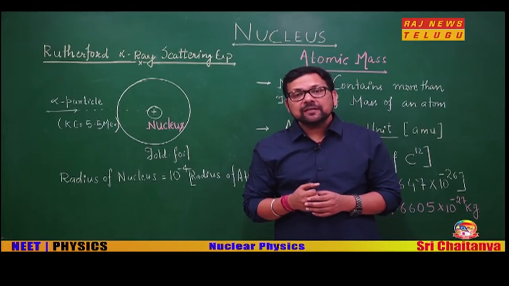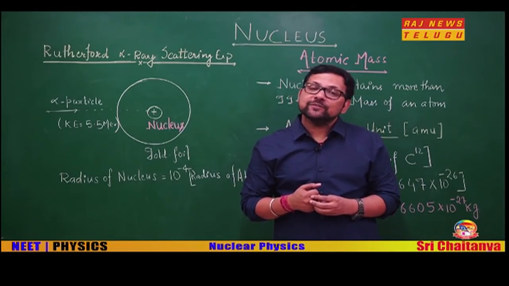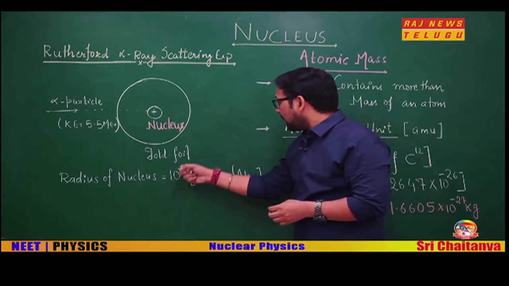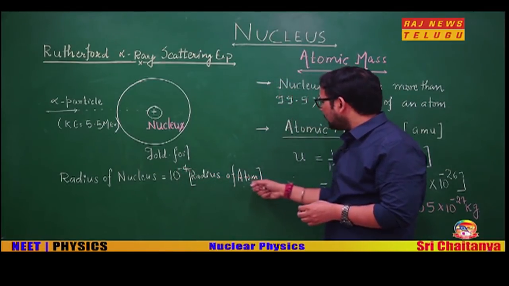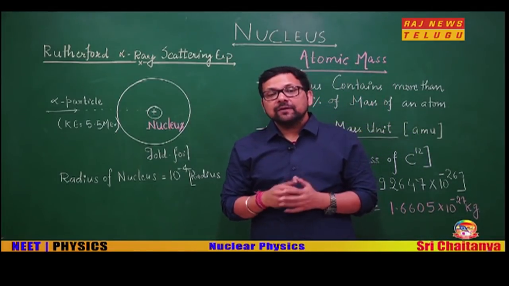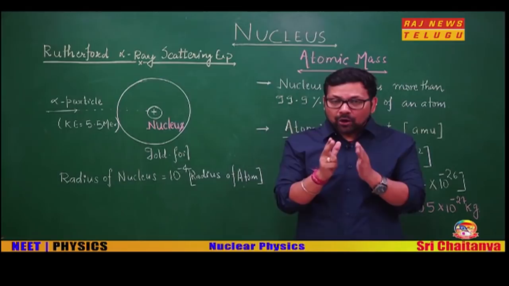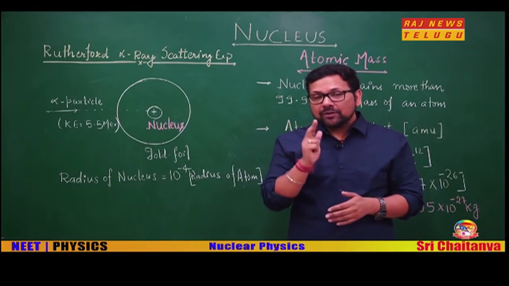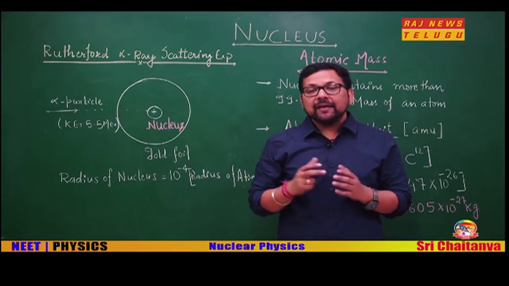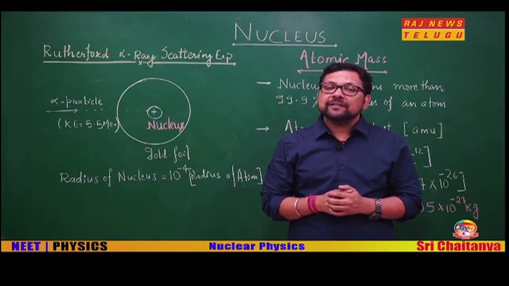So the nucleus is very small, and again I am repeating, 10 raised to power minus 4 times the radius of the atom. The nucleus, being the core of the atom, a very small, positively charged entity, is the topic of today's discussion.